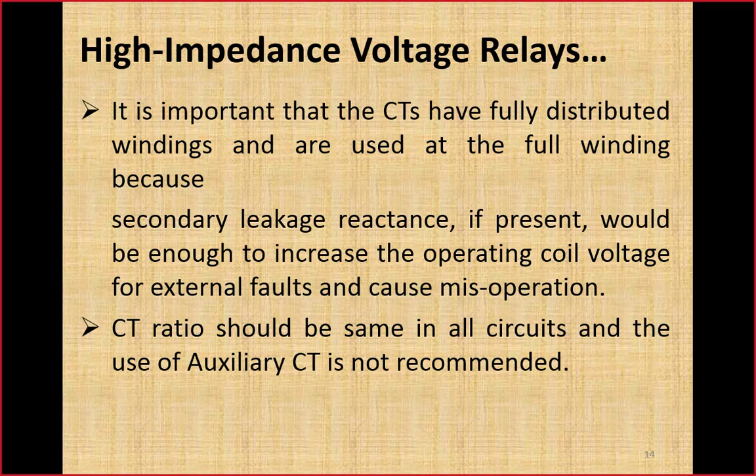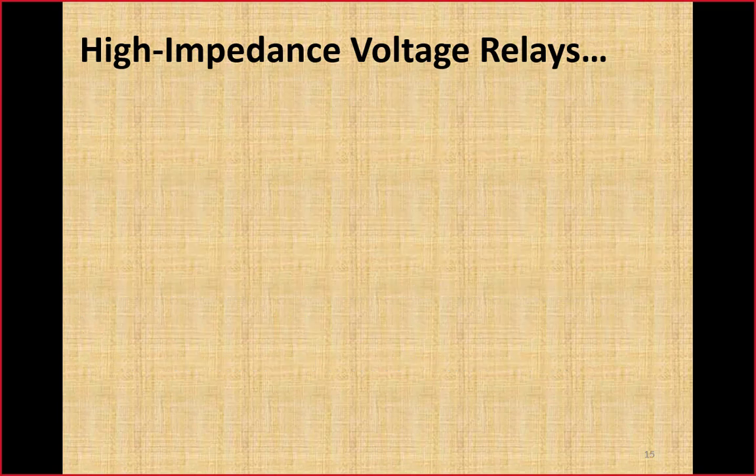The CT ratio should be the same in all the circuits, because auxiliary CTs are not recommended. And the conductor used for the leads to connect the CT secondary with the relay should also have low impedance. So these are the recommendations for the use of a high impedance voltage relay.